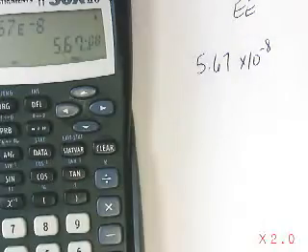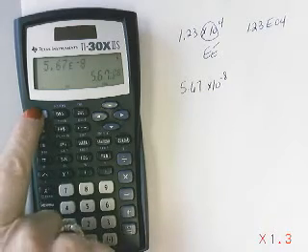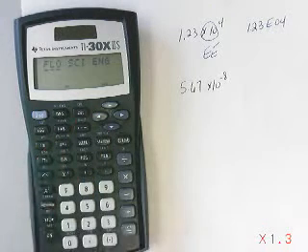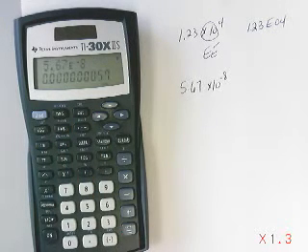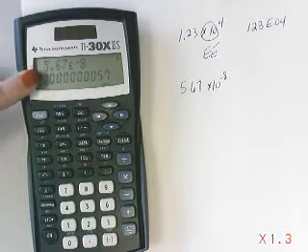Okay, if I want to go out of that mode, I have to go back to the second function, second, and where you see that SCI, and arrow back over to float notation, and then hit enter, and you'll see that it's going to convert my number over. The thing that you should notice here is the number that I entered is 5.67E to the negative 8.